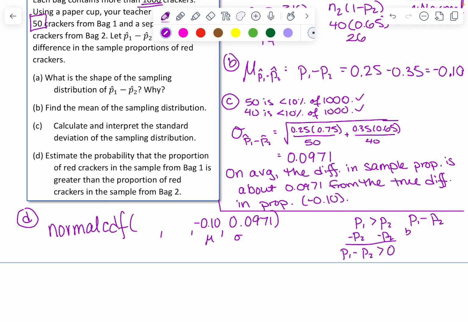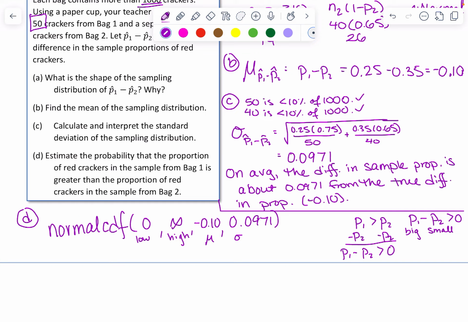If bag 1 is bigger and bag 2 is smaller, big minus small is going to have to be positive. Okay, so whichever way you look at it, I need things greater than 0. So 0 is my lowest, and positive infinity is going to be my high. So that's what I'm going to plug into normal CDF from 0 to infinity.